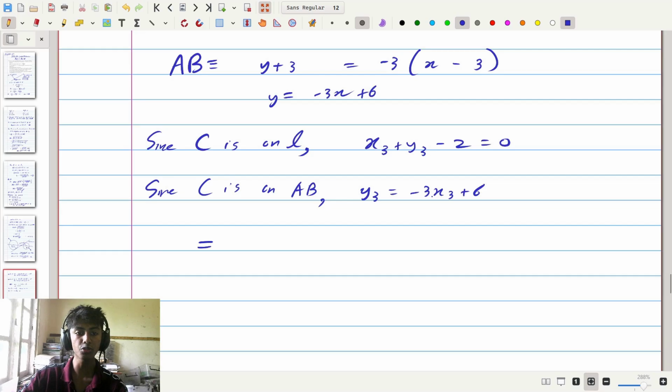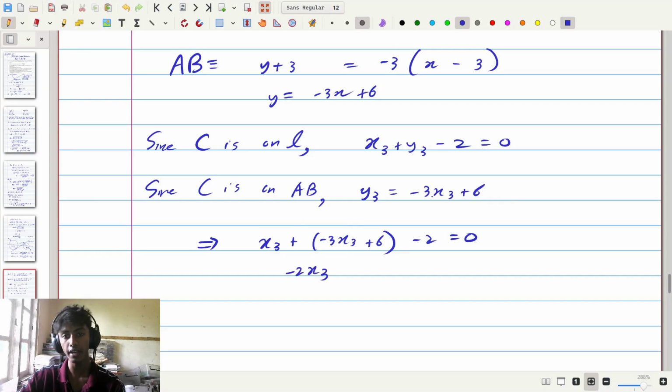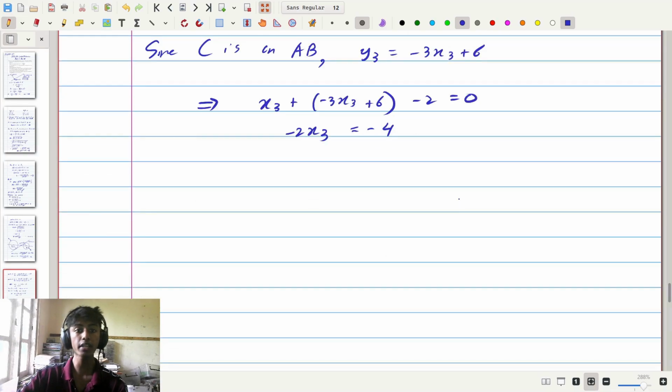Combining these two, we get x3 plus minus 3x3 plus 6 minus 2 equals 0. Rearranging, on the left hand side we get minus 2x3, and on the other side we take the plus 6 and minus 2 to become plus 4. Taking that to the other side, we get minus 2x3 equals minus 4. Dividing both sides by minus 2, x3 is equal to 2.